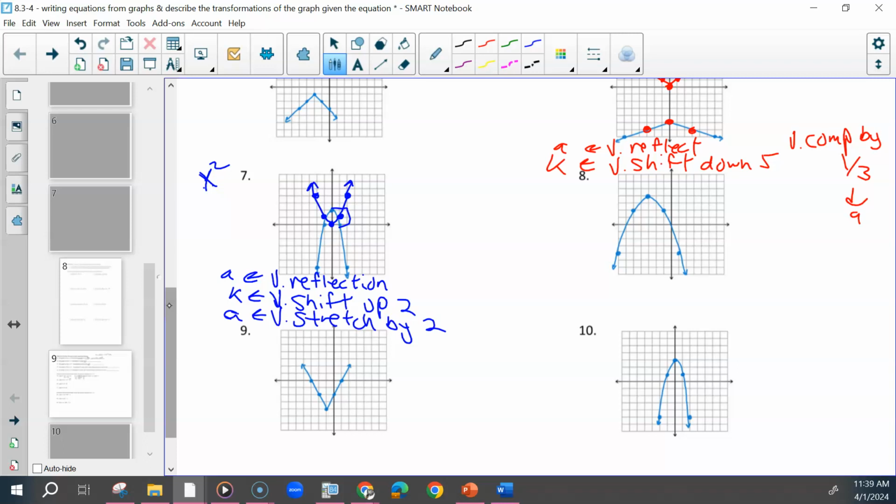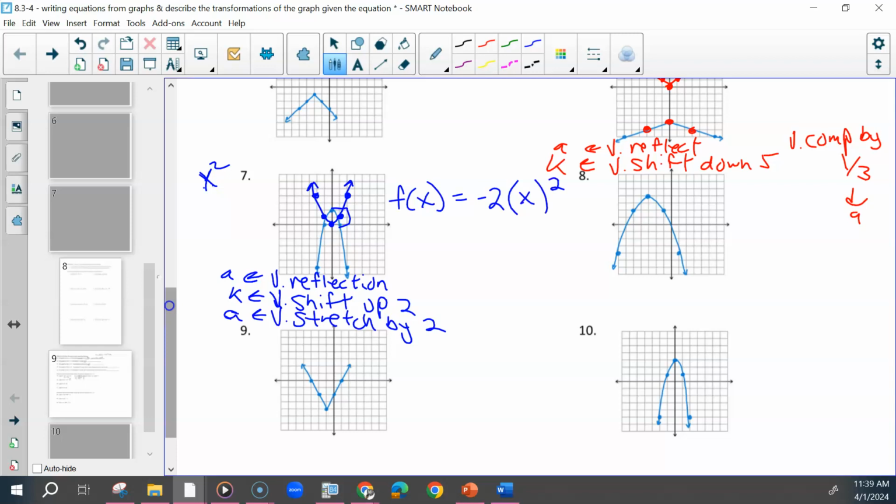How would we write this function? X equals negative, it would be negative 2 in this case. Parentheses, or you don't really need parentheses, sorry. You can put it if you want.